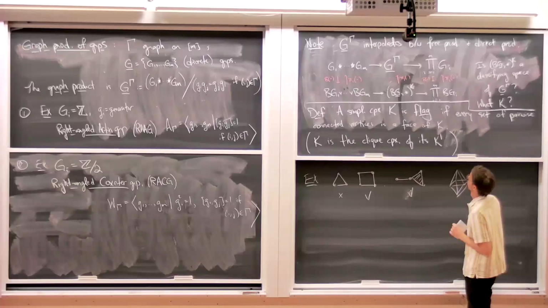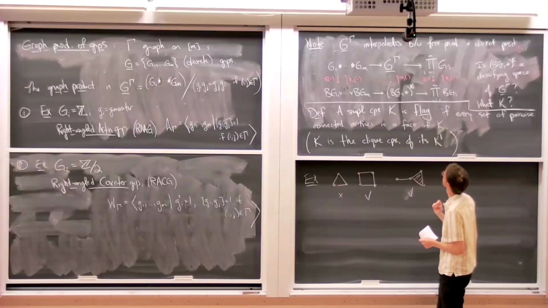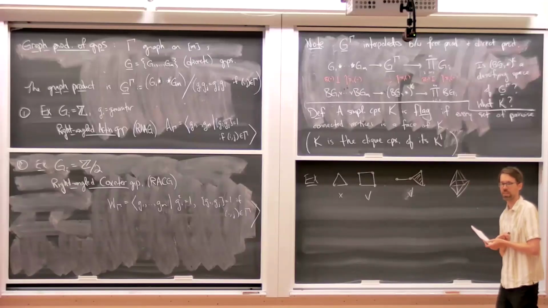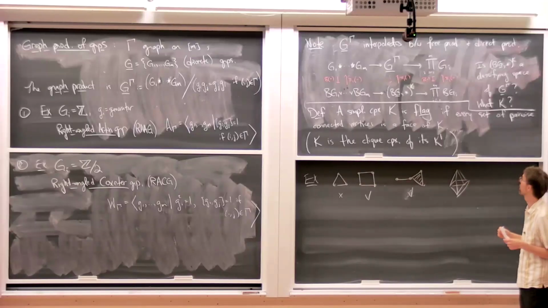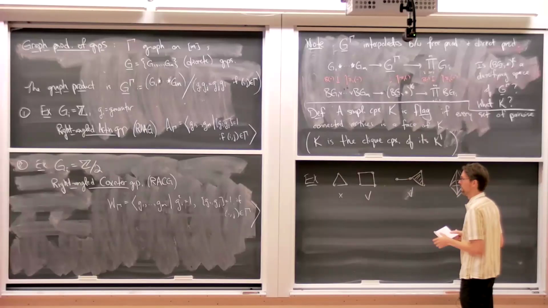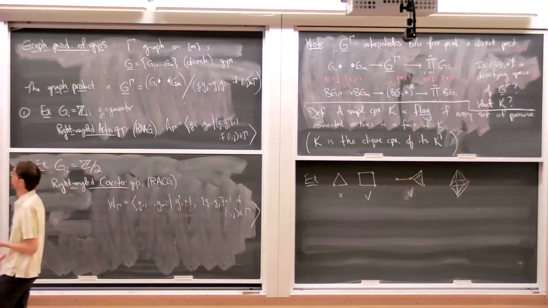Okay, so let's try to prove that this thing becomes the right classifying space when K is the clique complex of our graph gamma, or the flagification, if you like, of gamma. I want to leave this up, so let me state it over here.